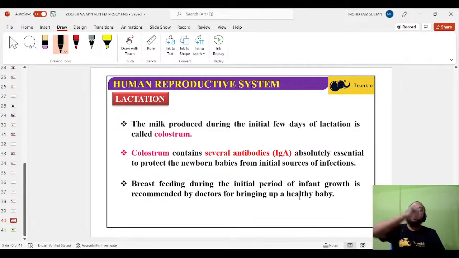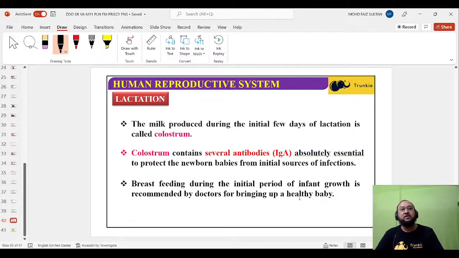So from outside, immunoglobulin or antibodies should be supplied. This is a natural mechanism to protect the baby from infections after the birth. So IgA is there in the colostrum, or the first milk that is there in the mammary gland of the mother.